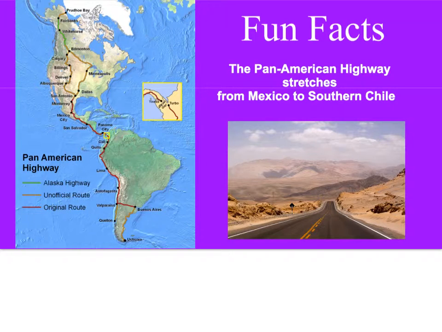From there, you can take the roads through the United States, go up into Canada, jump on the Alaska Highway, and go as far north in Alaska as possible. So essentially, you could drive from the very northern part of Alaska, down through Canada, through the United States, down through Mexico, all the way down South America, and to the southern part of Chile.